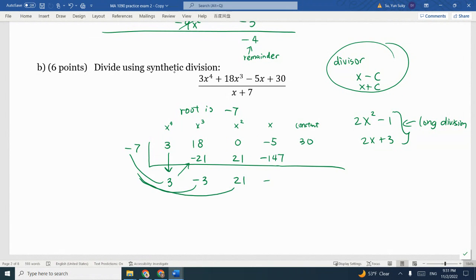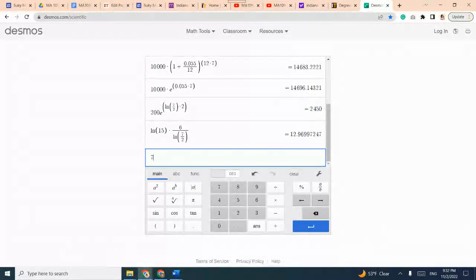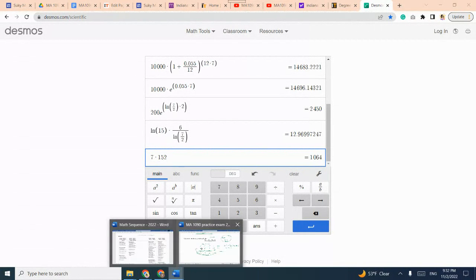Add them, minus 152. Yeah, multiply by minus 7. Okay, I need a calculator. Minus minus cancel, become positive, but I still need 7 times 152. 7 times 152 is 1064.